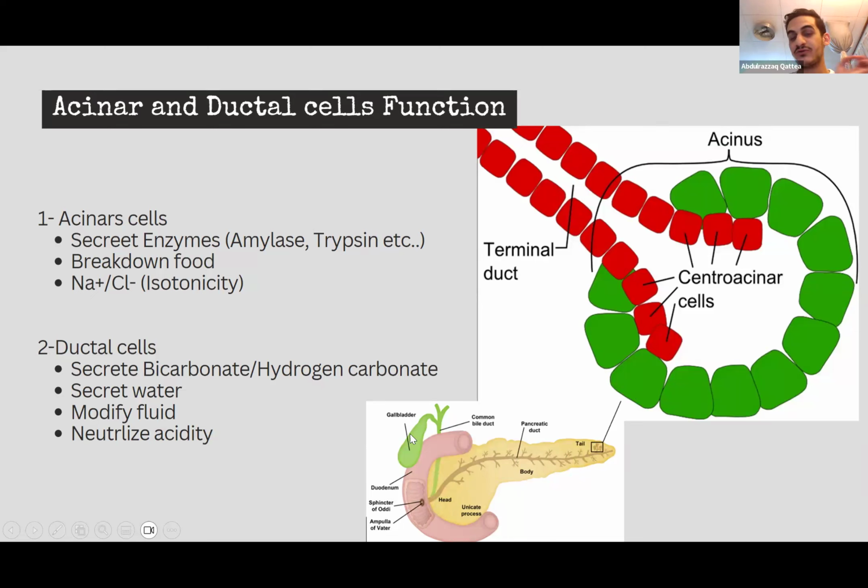Let's look at the gallbladder. The gallbladder has the common bile duct, which shares the same opening as the pancreatic duct. So both the gallbladder and the pancreatic duct empty into the sphincter of Oddi, or ampulla of Vater. This is important later, so just memorize it now.